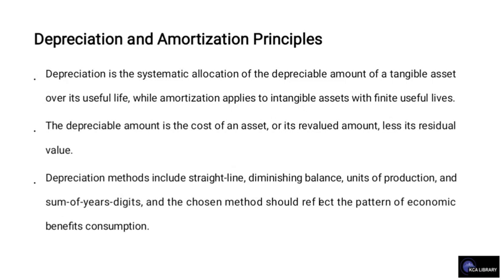The depreciable amount is the cost of an asset or its revalued amount less the residual value. Depreciation methods include straight line, diminishing balance, units of production, and sum of the years' digits, and the chosen method should reflect the pattern of economic benefit consumption.